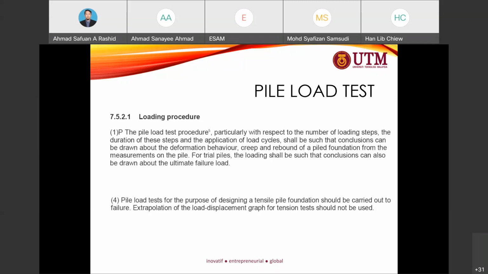Then for twice the working load, the value of the settlement should not be more than 38 millimeter. So that is the value that should be obtained for the settlement under the twice working loads.